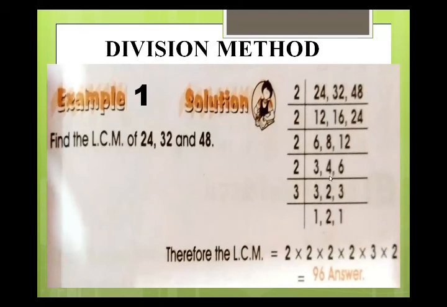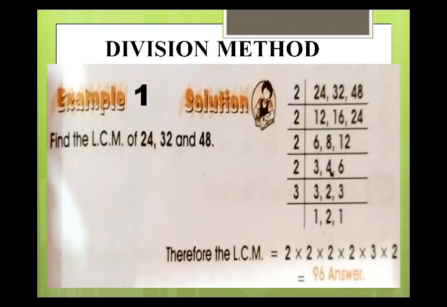Here 4 and 6 are both divisible by 2. That's why we take 3 as it is.